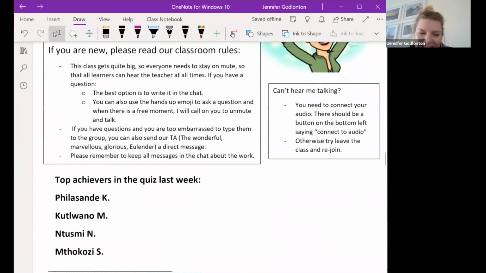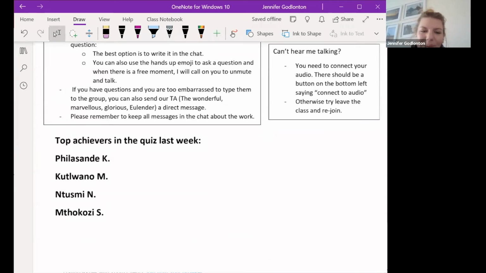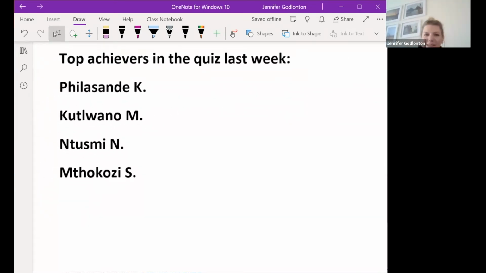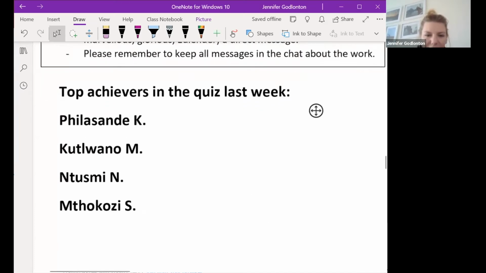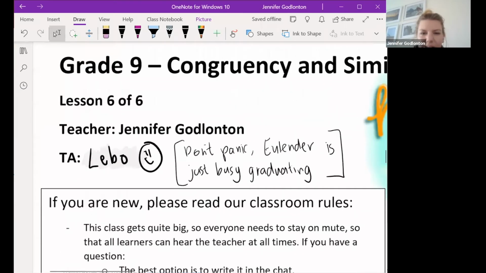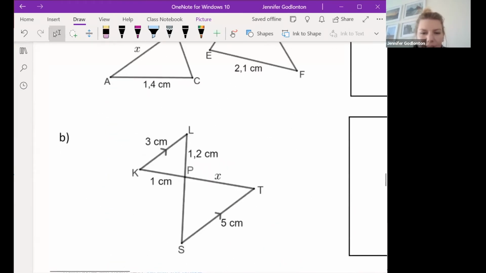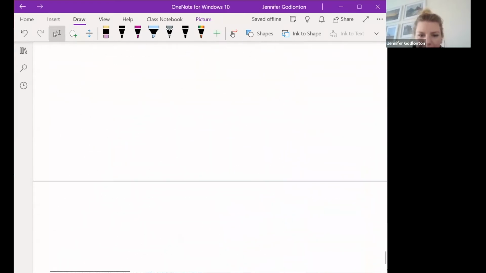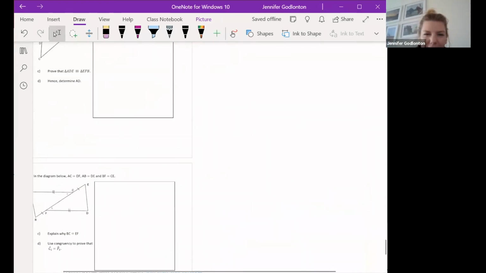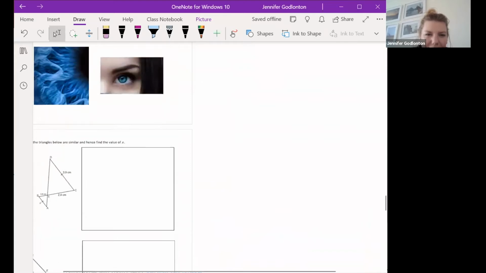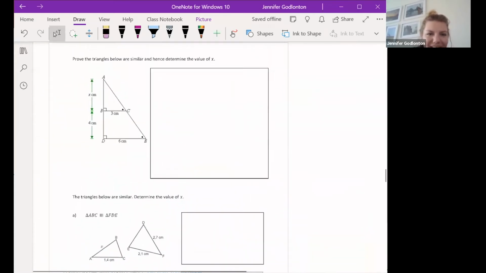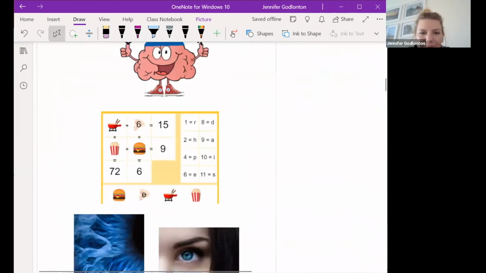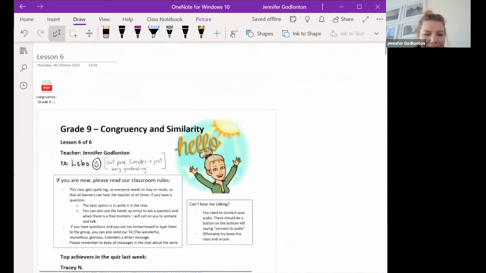Okay. All right. Top achievers in the quiz last week. These are our amazing little munchkins. That's the wrong set of munchkins. Where is my right set of munchkins? Oh no, I've given away your brain break. There we go.